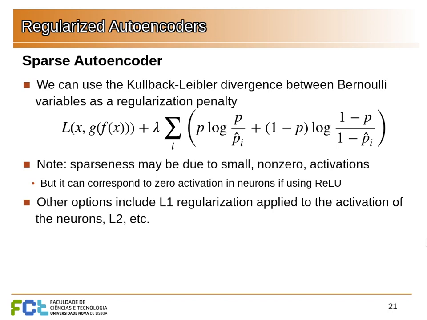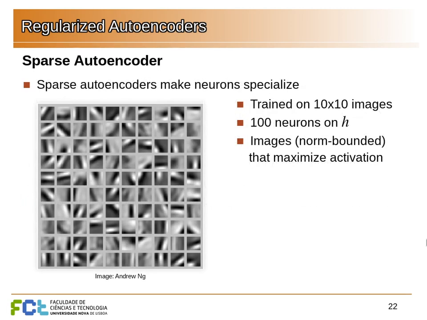So this means that the network, even though it can have many neurons in the hidden layer, is going to try to activate only a few of them for each example. And this will lead the neurons to specialize in those features that distinguish between the examples. So here is one representation of the kinds of patterns in an image that lead to an increased activation of each of the neurons in the hidden layer of this sparse autoencoder.